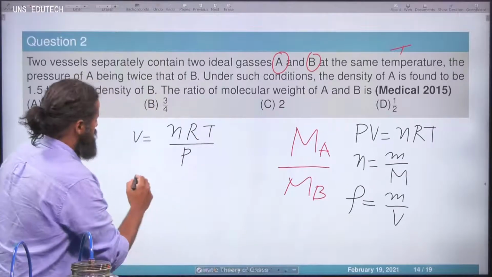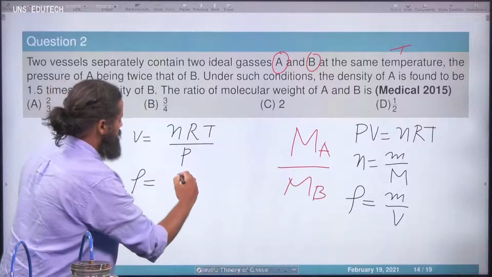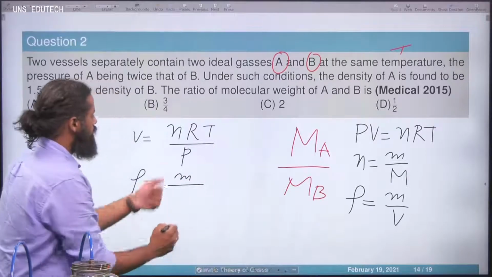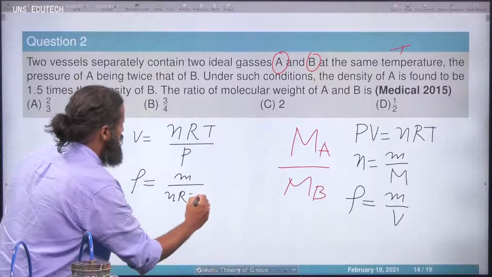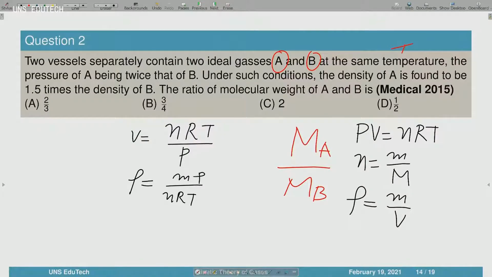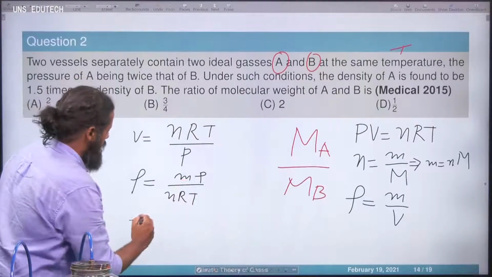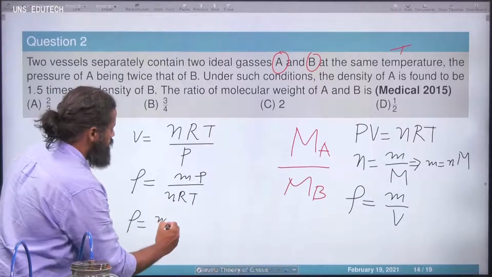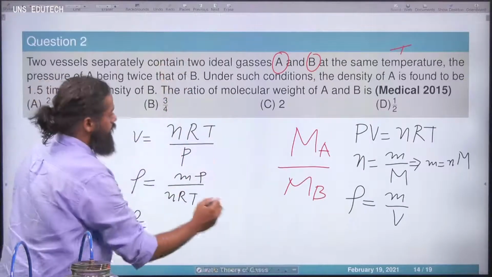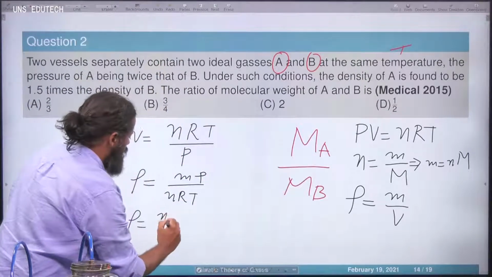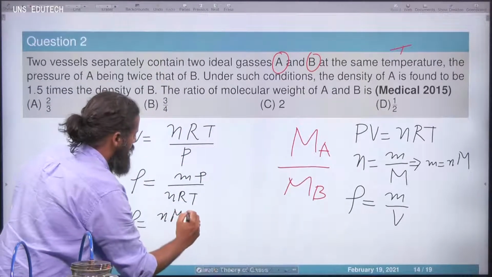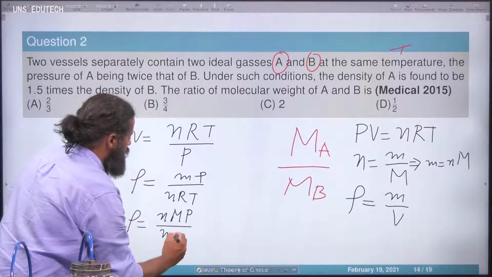So density will be equal to mass by volume. Mass divided by volume, we can write nRT divided by P in the denominator. Now small m is nothing but small n into capital M. So here we can replace the small m, and rho will be equal to n into M into P divided by n into RT.